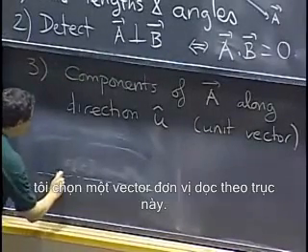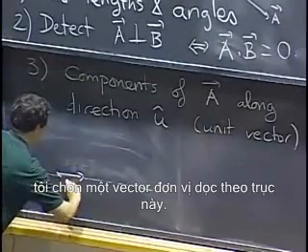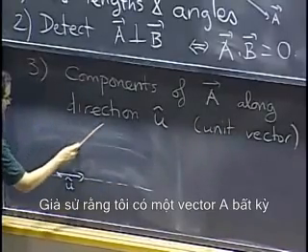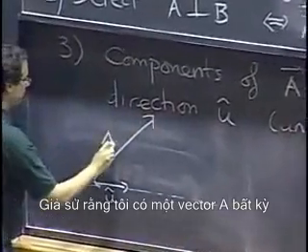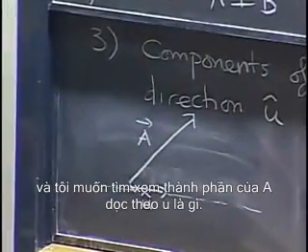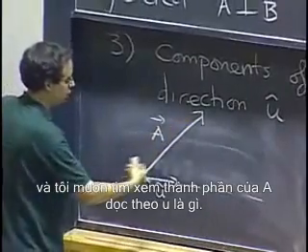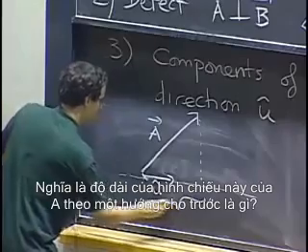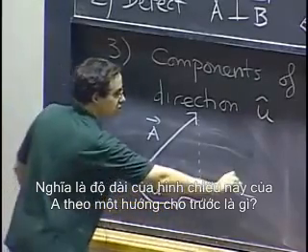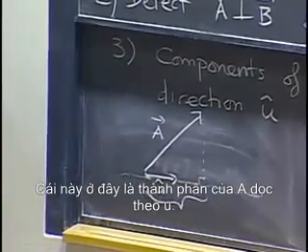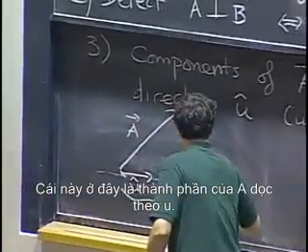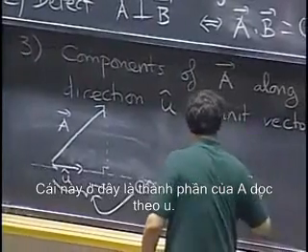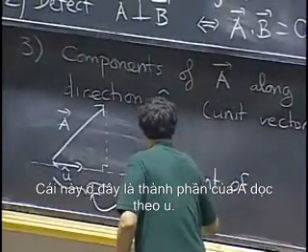To describe this direction, I have a unit vector along this axis. Let's say I have any other vector A, and I want to find the component of A along U. That means the length of this projection of A to the given direction. So this thing here is the component of A along U.